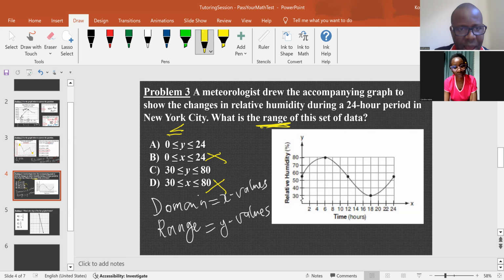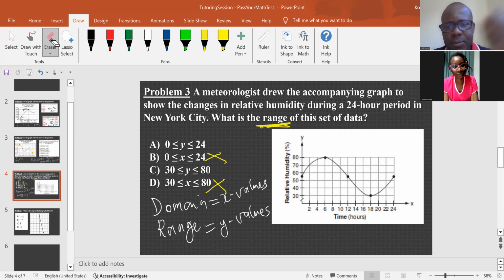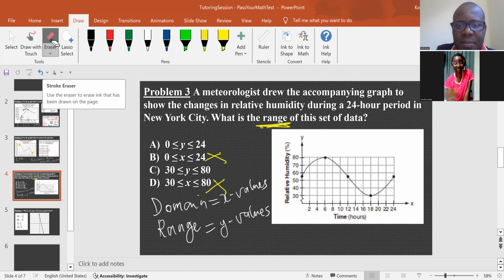Before I tell you the correct choice, can you tell me how you think you're going to solve this type of question, what we think is going to be the range? Like I said, we want to know all the y values. Y values are 30, 40, 50, 60, 70, 80, and so on.